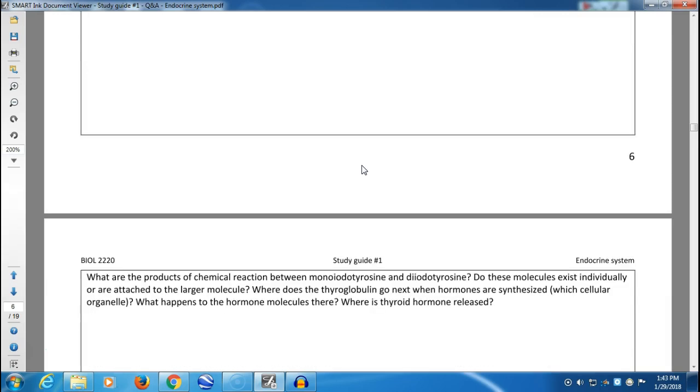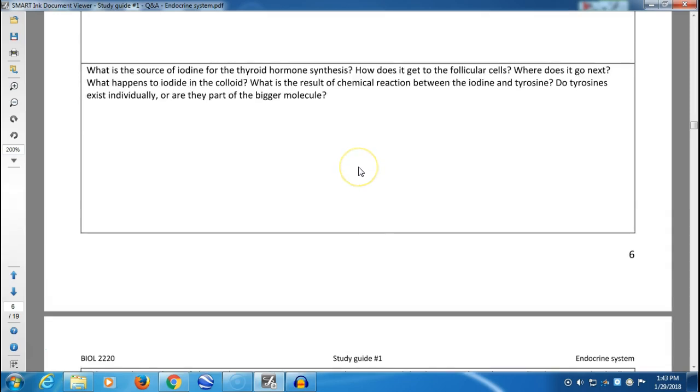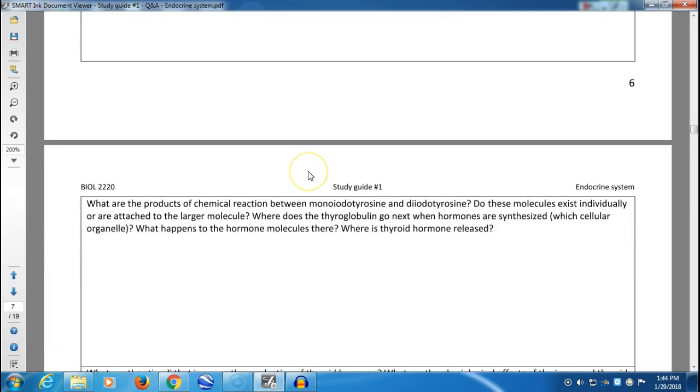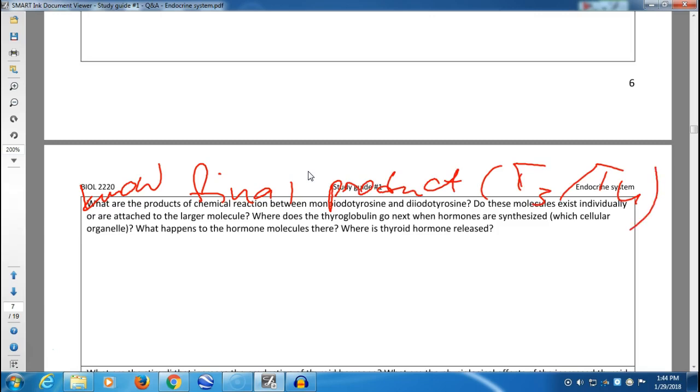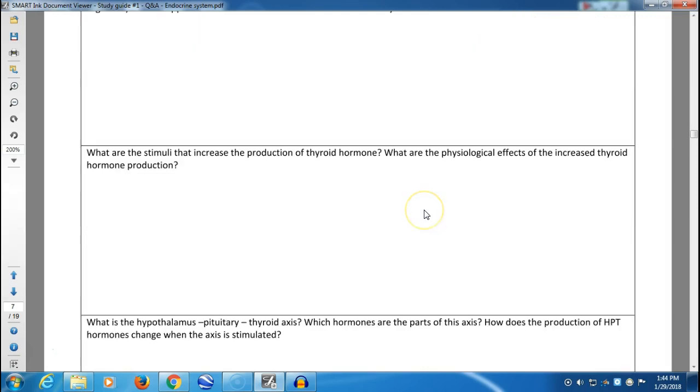So the final product is T3, T4. Thyroid hormone is released into the blood.